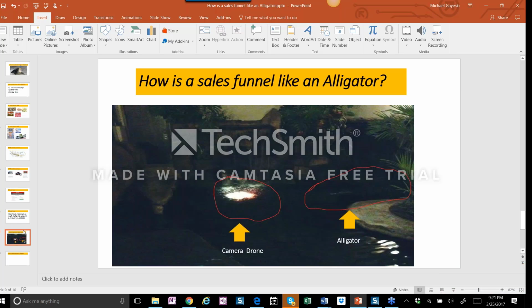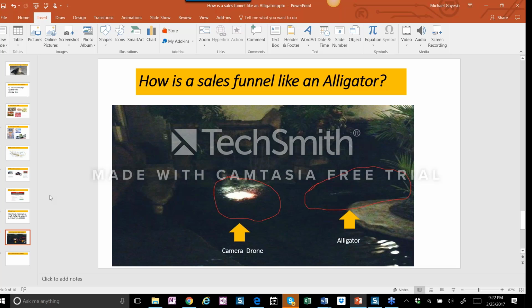And finally, how is the sales funnel like an alligator? Well, being here in Costa Rica, we were having a wonderful time. There was a camera on a drone here at the mastermind with all the people, and it was late and dark, and the drone kind of got out of control and fell into the alligator pit.